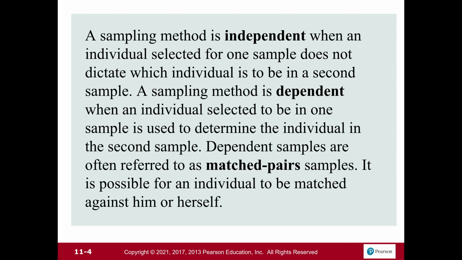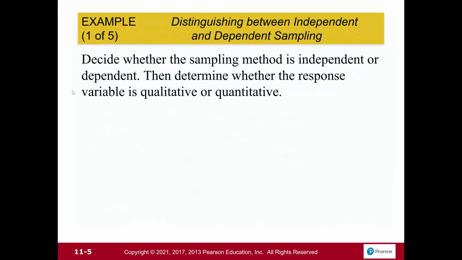So we need to be able to determine the difference between independent and dependent population samples. So we're going to look at an example here. What we'll do is determine whether it is independent or dependent, and then identify the response variable and determine if the response variable is qualitative or quantitative.